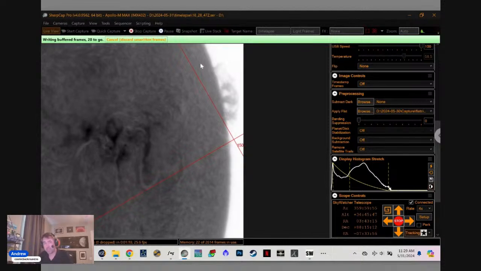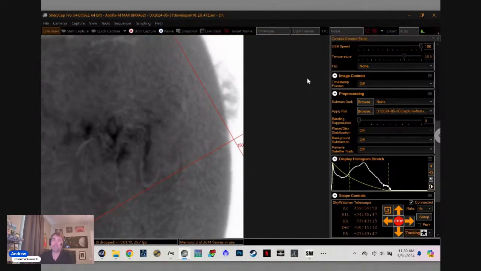My camera's actually kind of struggling. It actually might be my computer that's struggling, but you see the way it's buffering frames? It's not a good sign. Yeah, it's going real slow.